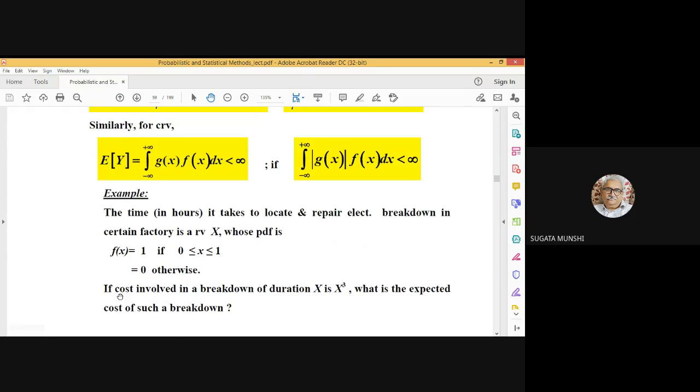The time taken in hours to overcome this breakdown is a random variable x, and the cost incurred will obviously be a function of x. It should increase with increase in the value of x, and it's observed empirically to be x cubed. So what is the expectation of this new random variable?